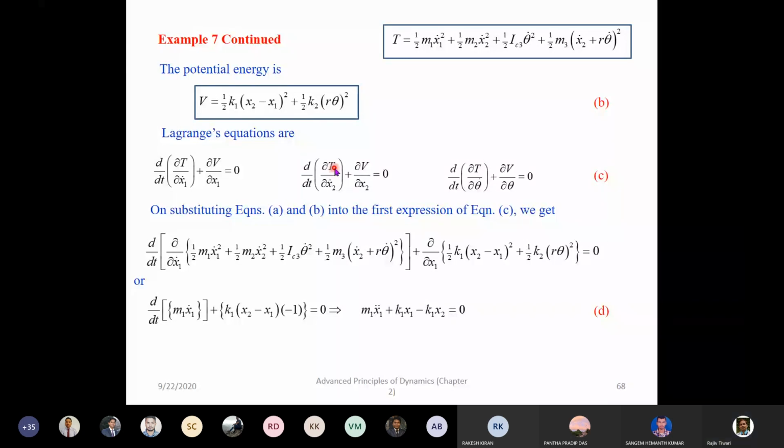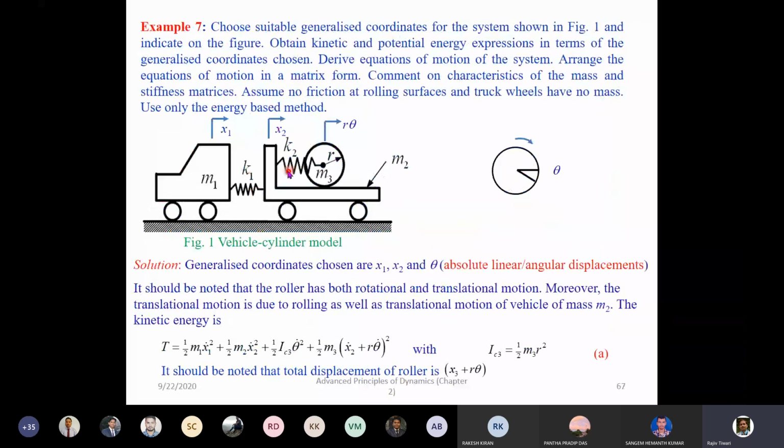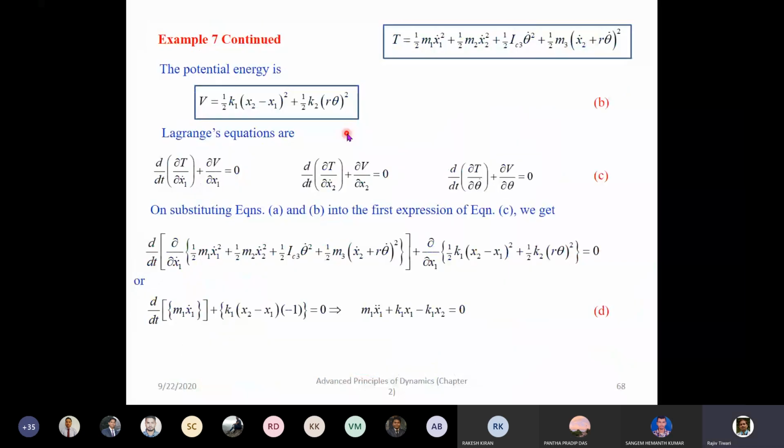Here, because the spring is attached to the trolley, the absolute extension of the spring will be just r theta. So the extension will be how much it is rolling, that much only it will extend. So r theta will be the extension of the second spring, not the difference between these two.